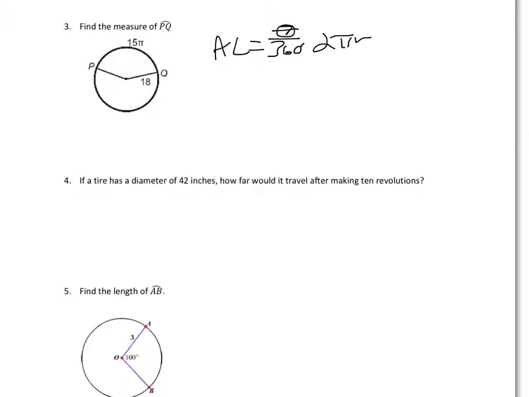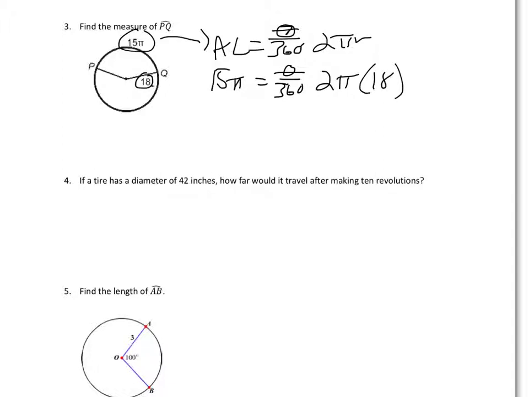Now I've got 15 pi as the AL, and 18 as the radius. So I'm looking for theta, which gives us that measure. So AL is 15 pi equals theta over 360, 2 times pi times 18.